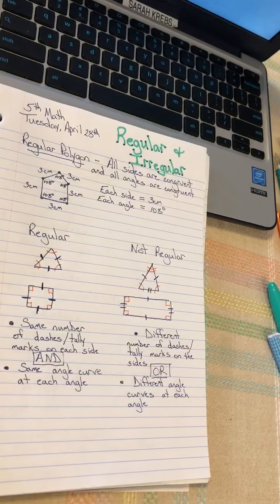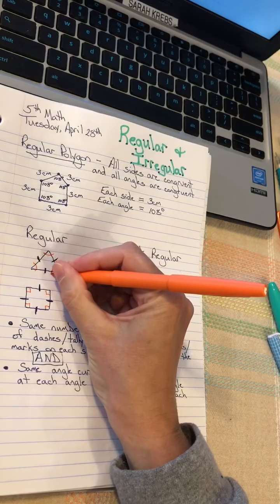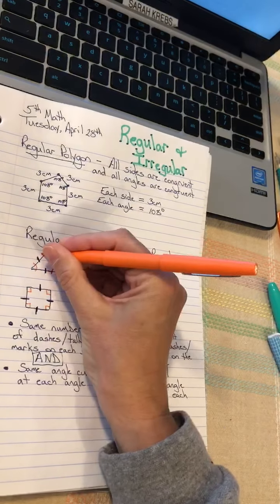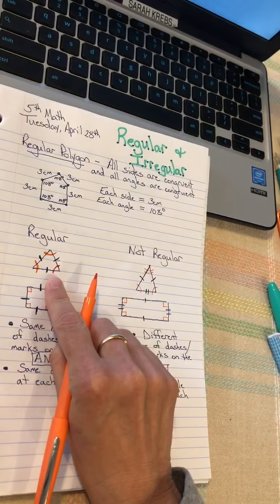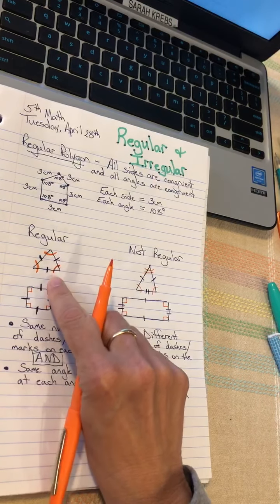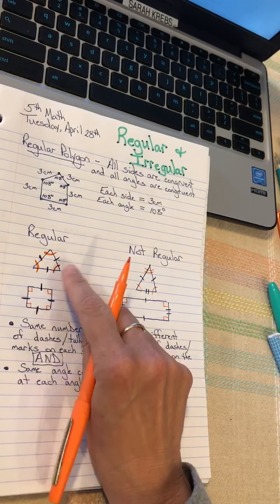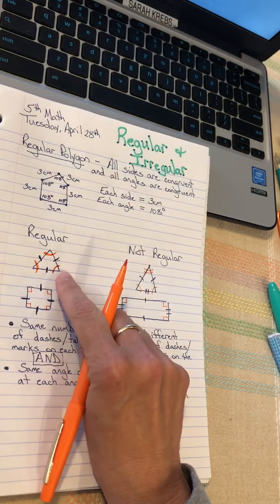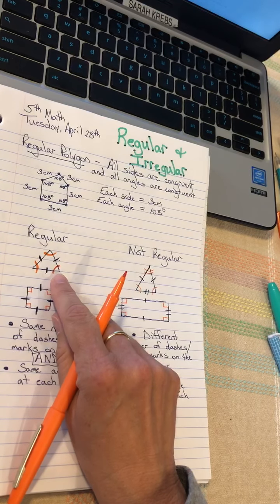Now, there are 2 ways they show that. In our triangle up here, notice that each corner where the angles are has what's called an angle arch. It looks like a curve. See how each one has just 1 arch.